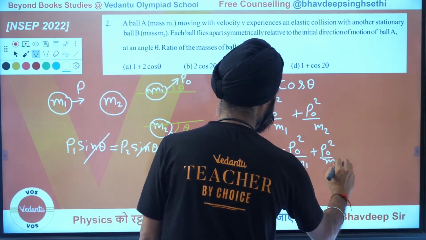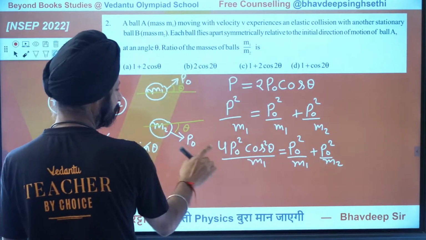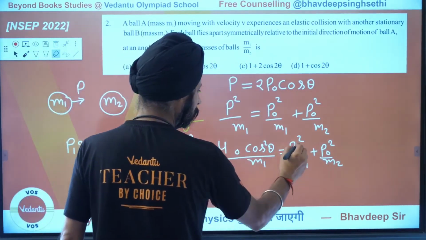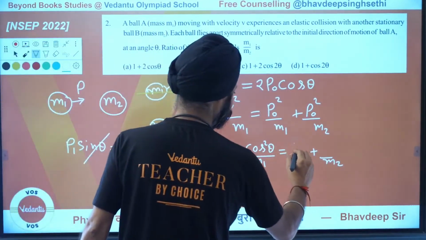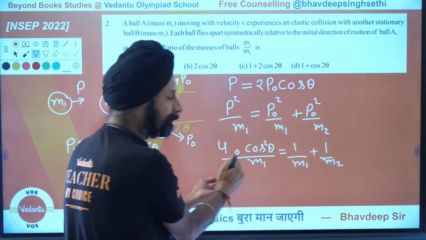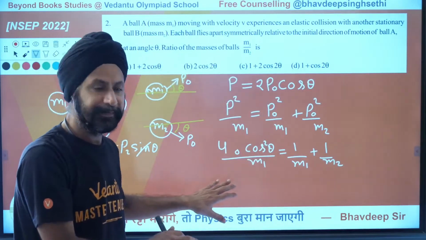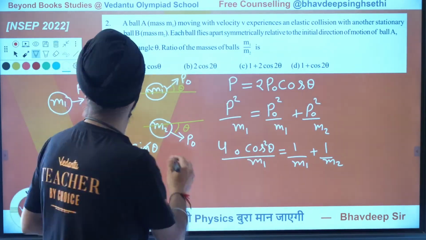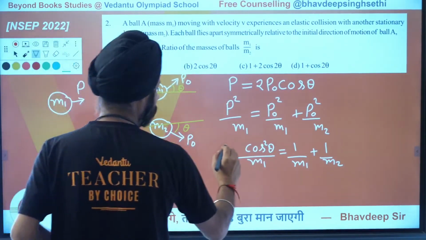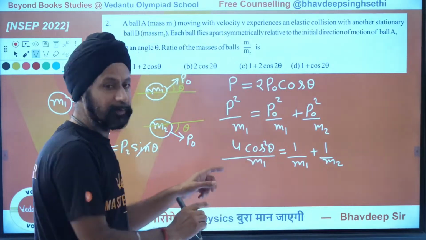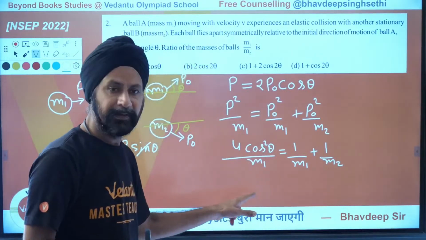Very, very close to our solution now. First of all, these p naught squares cross out, making my equation so much easier. If you bring this part here so that you have clubbed them together, you get 4, so let me bring this 4 closer here. What you get is 4 cos square theta minus 1 over m1 is 1 by m2.